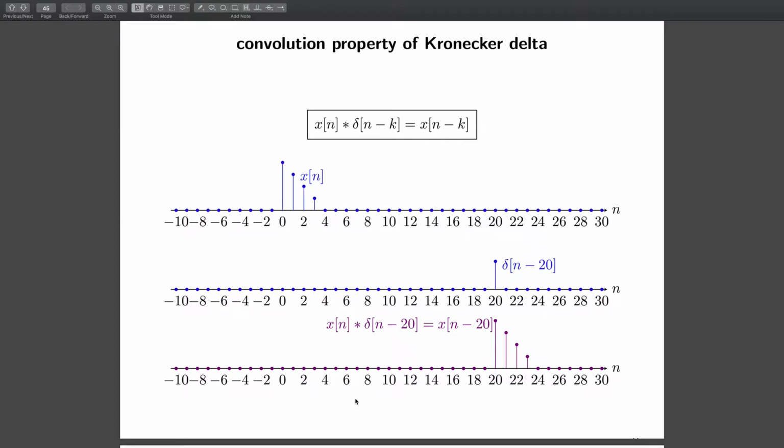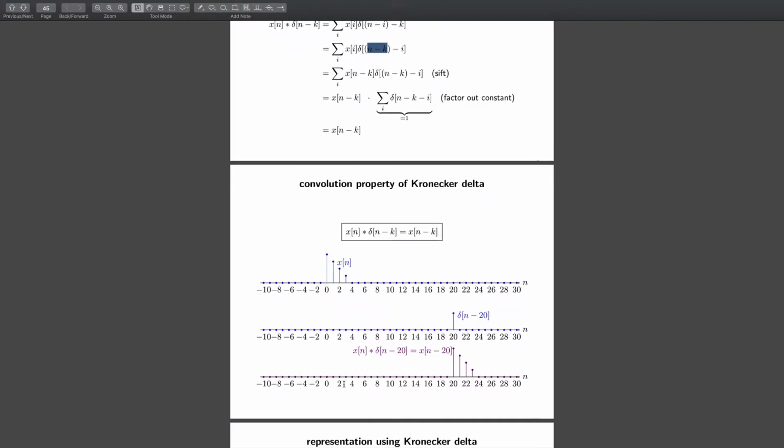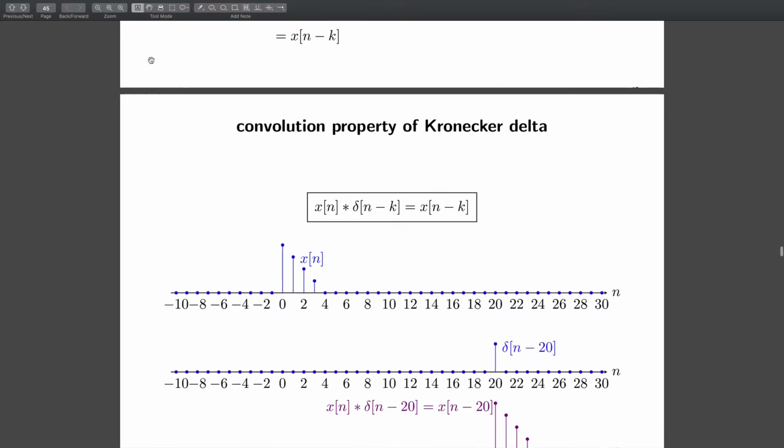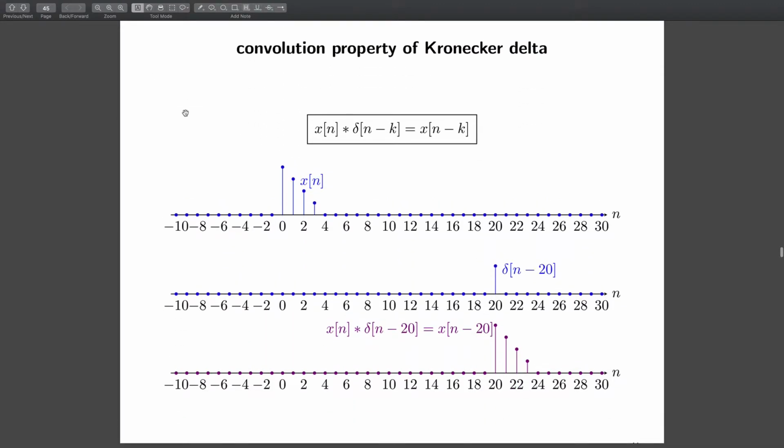Here's just a simple example of the convolution property being applied. Here I have a signal x which turns on at time 0. It has finite support. It looks like it has 4 non-zero samples in the signal. And here is a delta function that turns on at time 20.